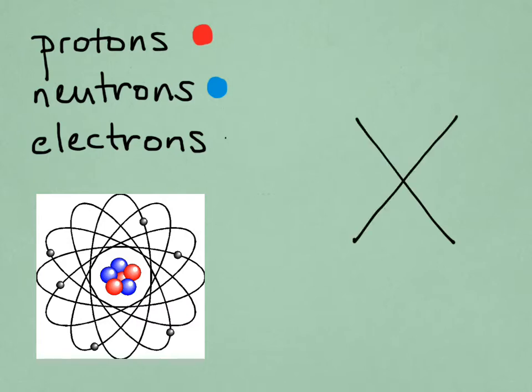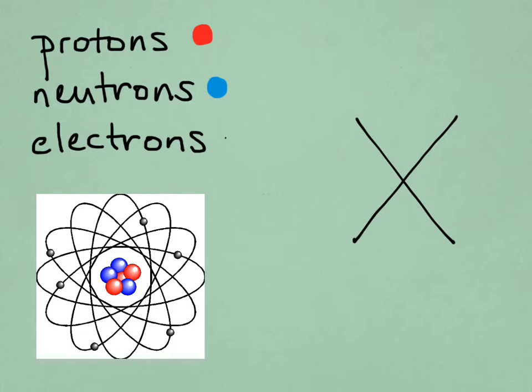So if we want to represent a particular atom, we use some sort of symbol. So it's either a single letter, like C for carbon or O for oxygen, or it can be two letters, like He for helium or Na for sodium. But there's an accepted shorthand for each element in the periodic table.